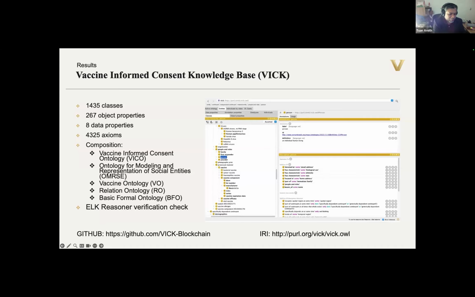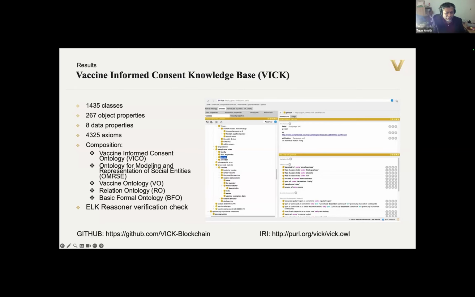But as we noted before, we reused some of the ontologies that were mentioned, like the Vico ontology, which we use as our primary framework to develop it, but we also reuse some of the terminologies from the vaccine ontology, OMRC, and so on. So overall, 1,400 classes, 4,000 axioms, eight data properties, and 200 something object properties.